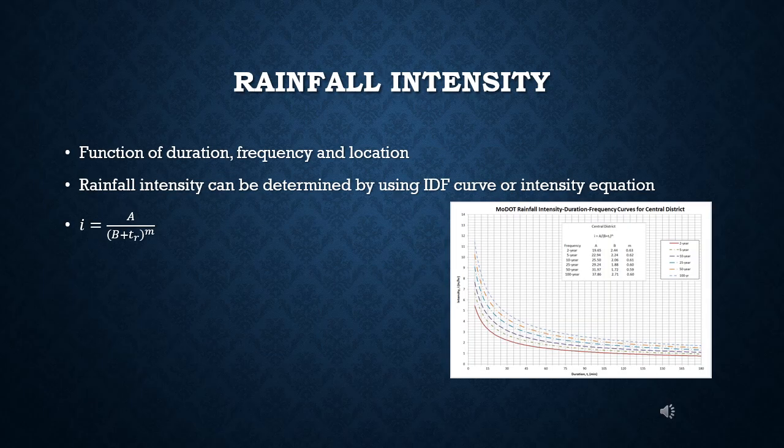Rainfall intensity is a function of duration, frequency, and location. And it can be determined by using the IDF curve or intensity equation. MoDOT provides an IDF curve for each district, and they can be found in EPG.